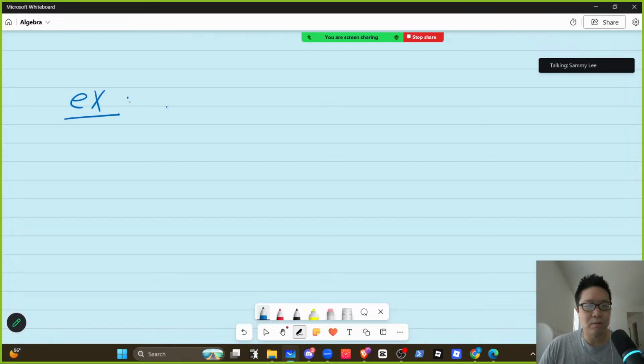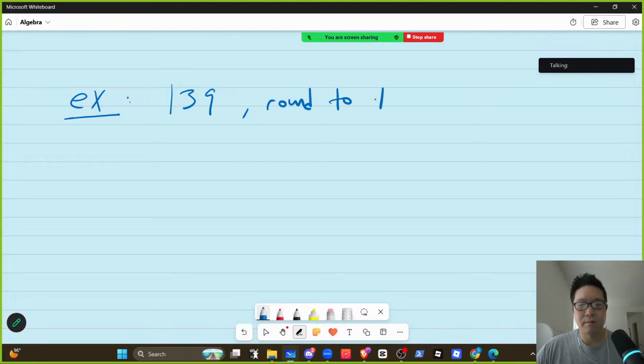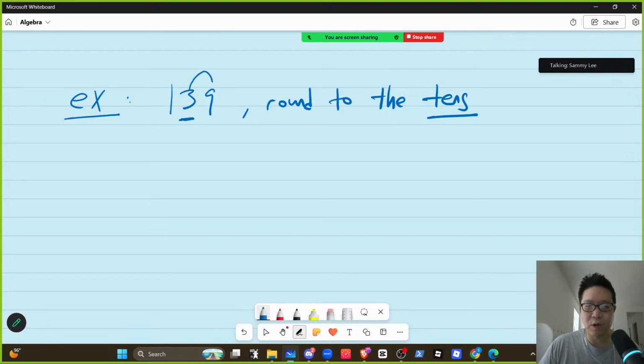Okay, let's try some more rounding up examples. If I have 139 and I say round to the tens place, what do I look at? The number 3. And the number to the right of it is 9. So do we round up or down?